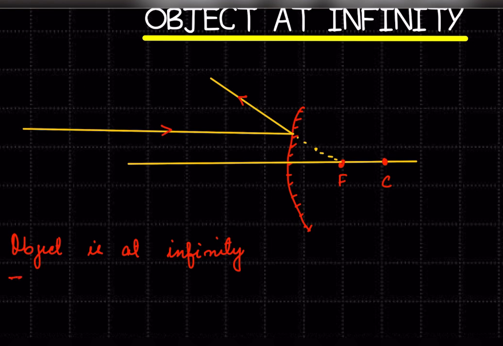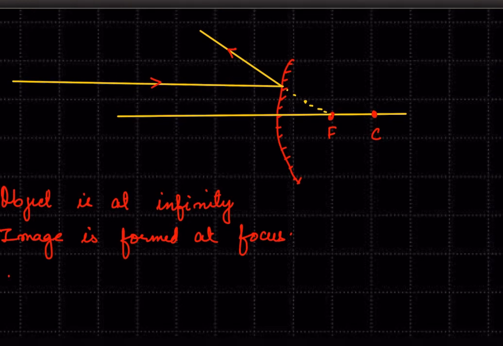Okay, what else? The image is formed where? You can see the image here, right? The image is formed at focus. So I can write, the image is formed at focus. What else? The size of the image is very small.